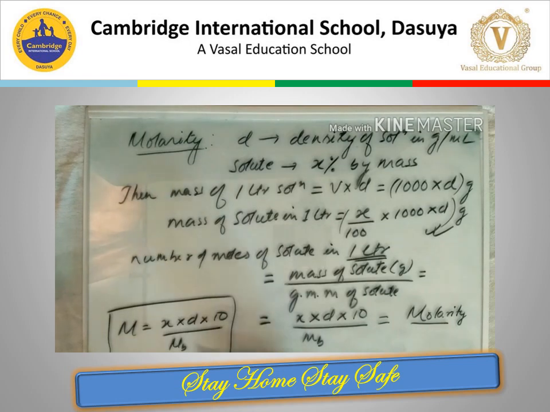This relation gives a relationship between the density of the solution and the mass percent of the solute if it is given. So it correlates the molarity with the density of the solution and the mass percentage of solute.